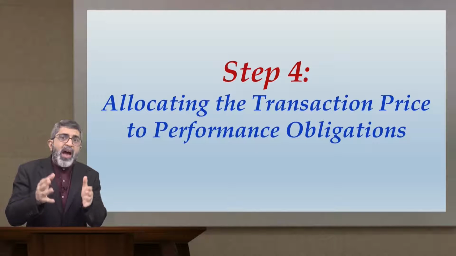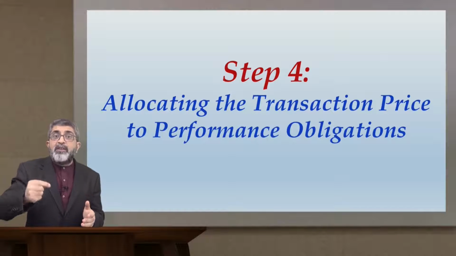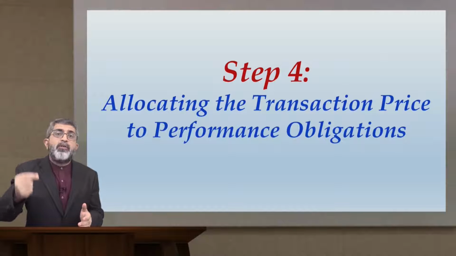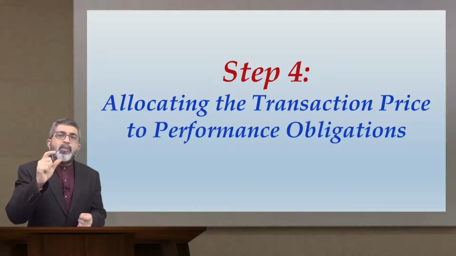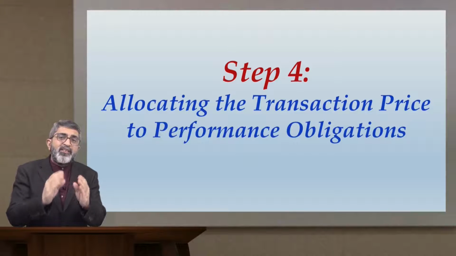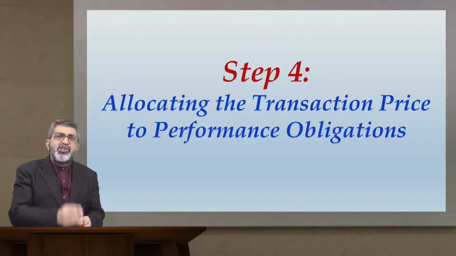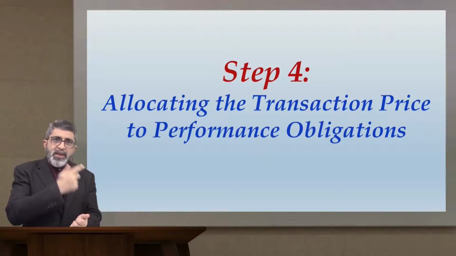If there are multiple performance obligations and the revenue recognition points for each will be at different points of time, then you must identify how much of the transaction price stands allocated to each performance obligation, and that is what we need to apply here.